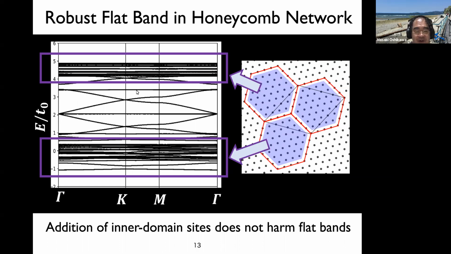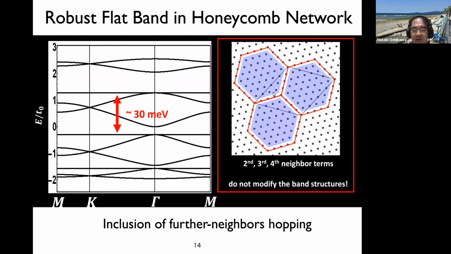So this is the original flat band, and these are from the inner domain sites. So it's robust. We can also check more directly by introducing longer range hopping. This is again the network model.